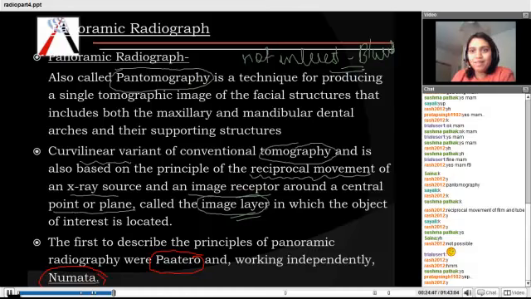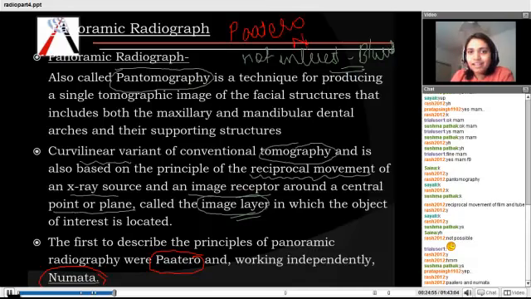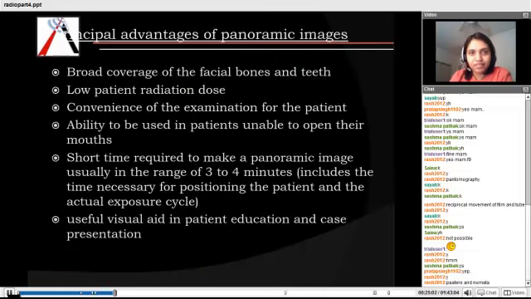So these are the names for you to remember. Let me write it here. As usual, have your scribble notes ready, have your stickies ready. Let these names go in your stickies and to your walls ultimately. Paatero and Numata.